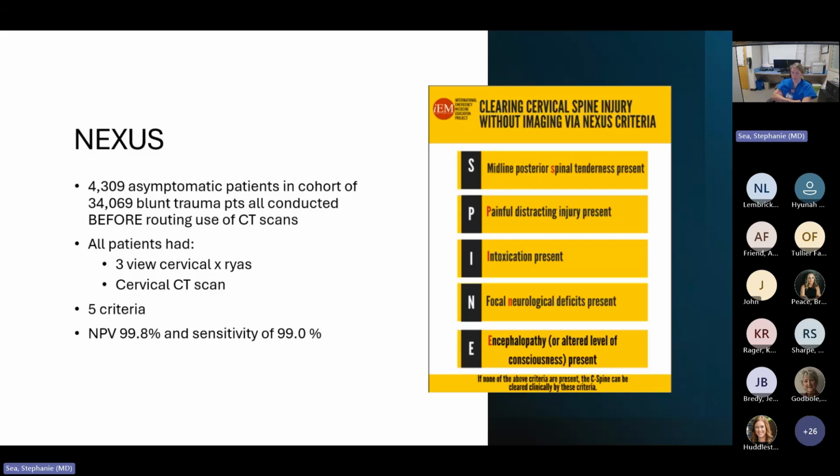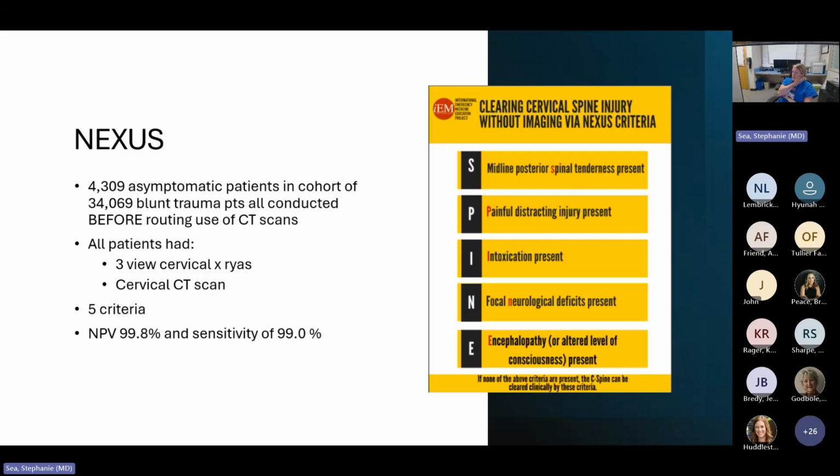This is kind of a nice mnemonic to think of if you think of it as "in spine." So, did they have midline posterior spinal tenderness present? So, spine tenderness. P, was there a painful, distracting injury present? I, were they intoxicated? N, were there any neurological or focal neurologic deficits present? E, was there any encephalopathy? So any altered level of consciousness in the patient.